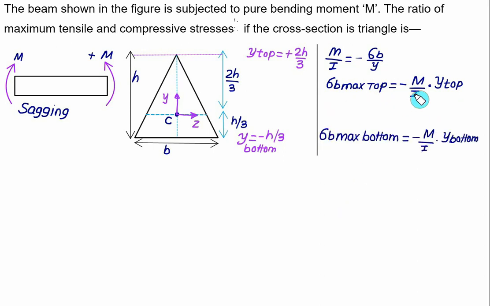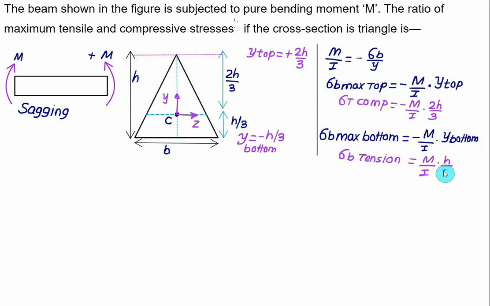Since the value of y top is 2h by 3 and we have a negative sign, on the top we have a compressive stress equal to minus M by I multiplied by 2h divided by 3. And here the value of y bottom is negative, and negative becomes positive. So the maximum bending stress at the bottom is tension and is equal to M by I multiplied by h by 3.